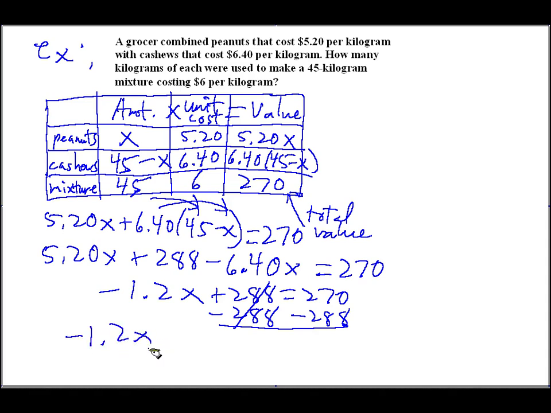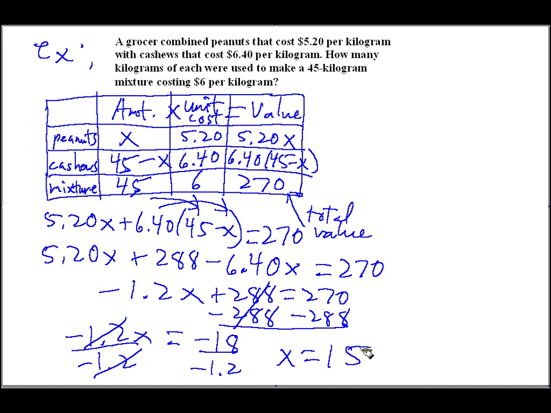All right, negative 1.2x is equal to what? Negative 18. So let's divide both sides by negative 1.2. So x will be equal to 18 divided by 1.2. That's going to be 15. 15 what?